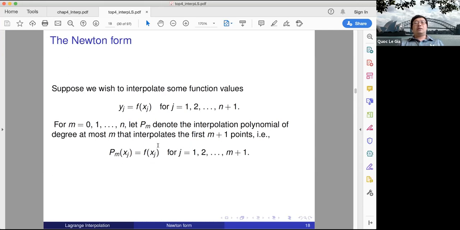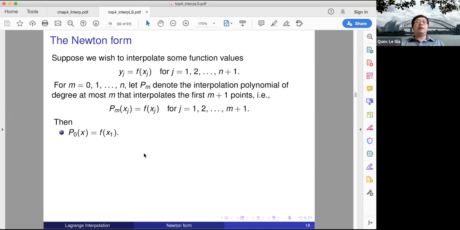So then Pm is given by that. So you just take out the first m plus 1 points. Okay, so m starts from 0. So pick out the first point, pick out the first 2 points, first 3 points, and so on. And then you construct Pm that interpolates those points.